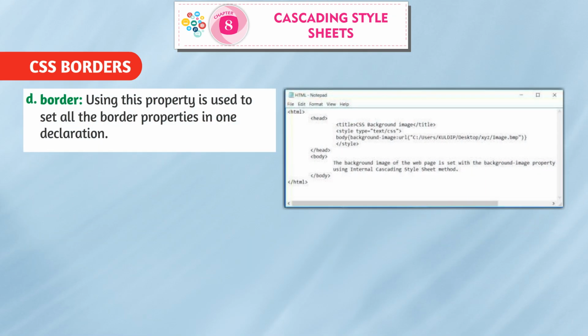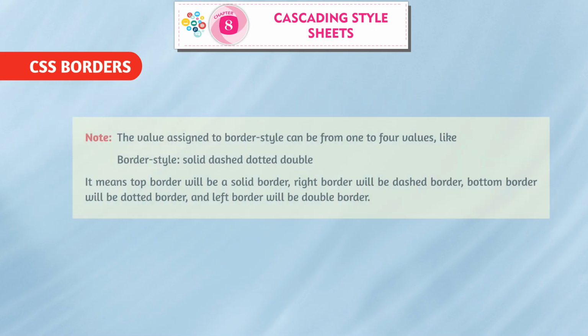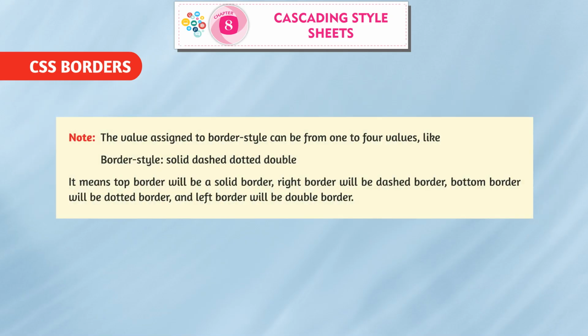D. Border. This property is used to set all the border properties in one declaration. Syntax: border: border-style border-width border-color. Note: the value assigned to border-style can be from 1 to 4 values, like border-style: solid dashed dotted double.